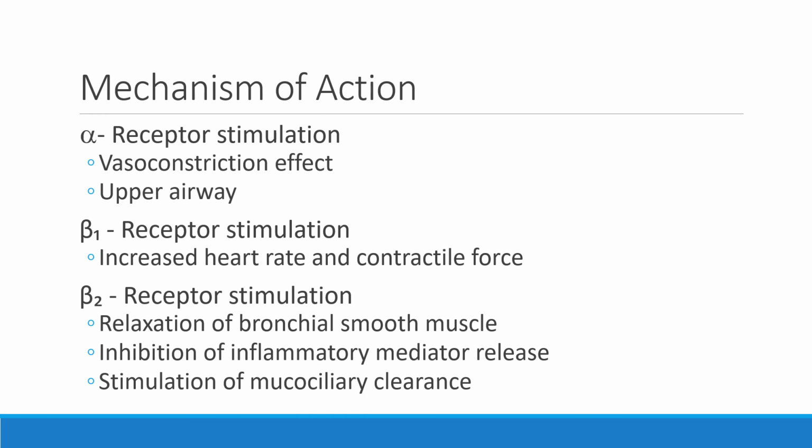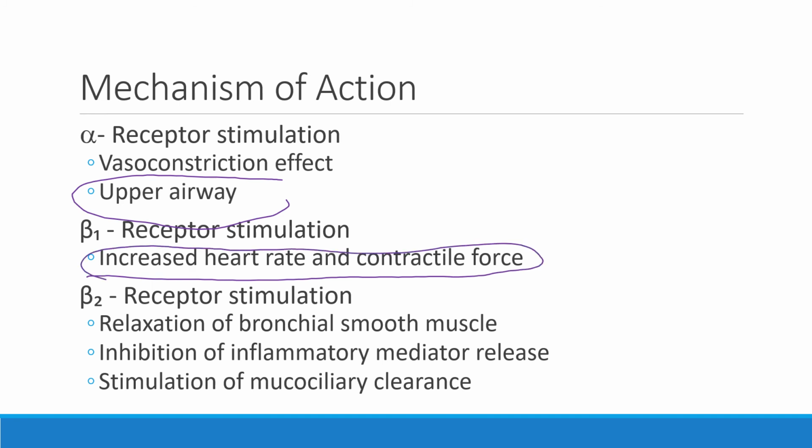So what's the mechanism of action? When we're looking at alpha receptor stimulation, we're looking at vasoconstriction, especially the upper airway. So that's the primary reason of giving alpha receptor medications, is the upper airway. Beta 1 receptors is usually to increase heart rate and contractile force. So it's usually looking at blood pressure medications or vasoactive medicine and cardiovascular activation here.